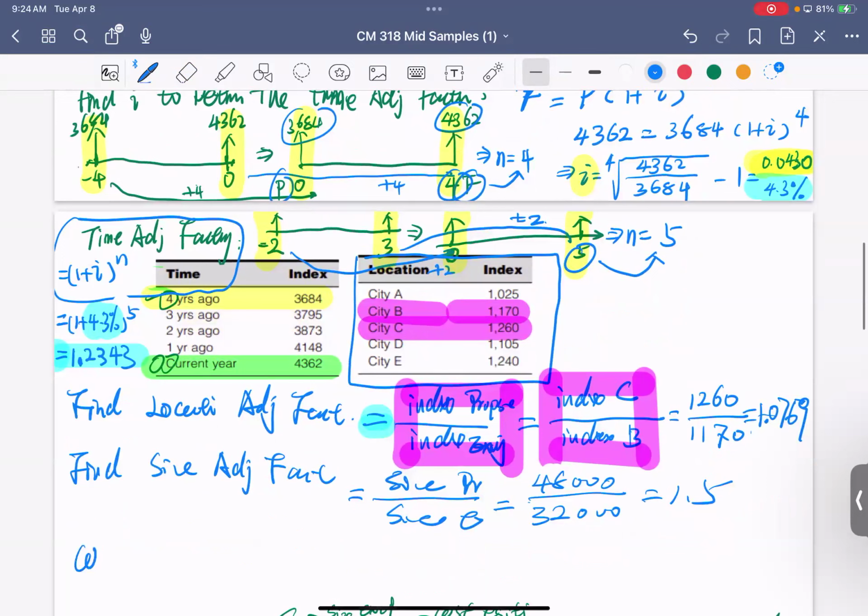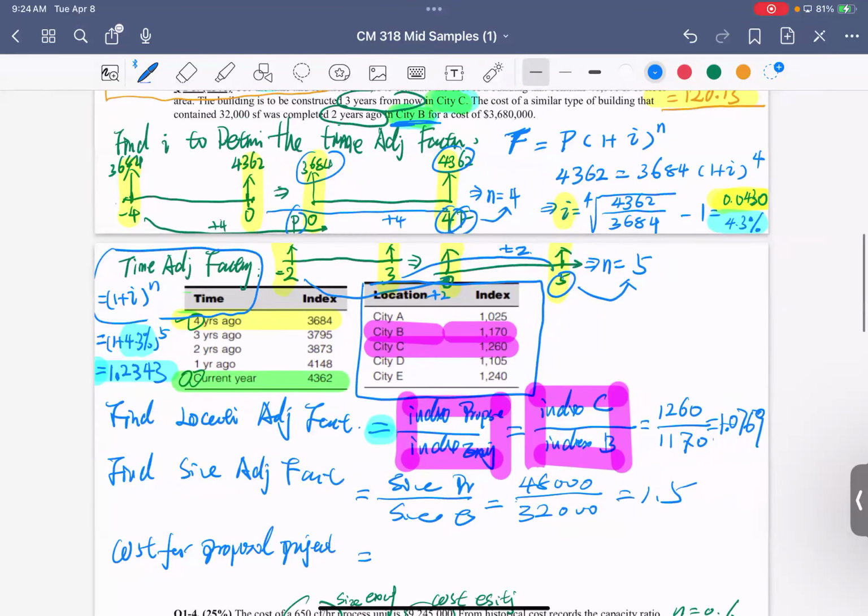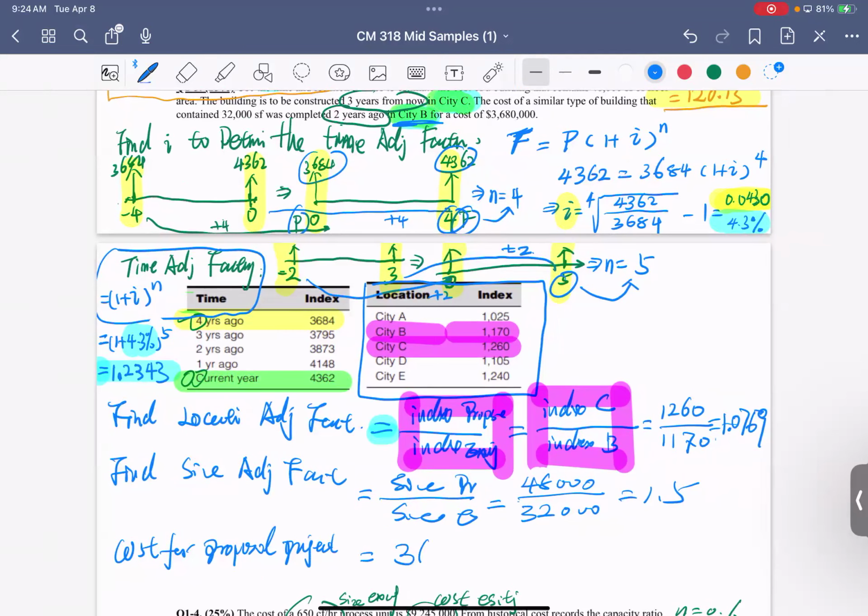Then you can get your cost for the proposed project, which is equal to your existing cost for your known project, times the time adjustment, which is 1.2343, times your location adjustment, times your size adjustment, then you are getting the number here.